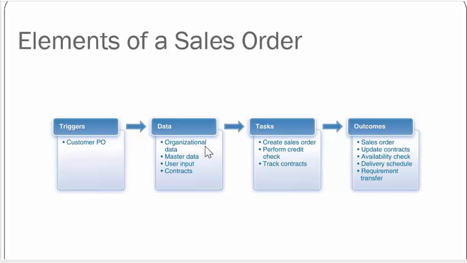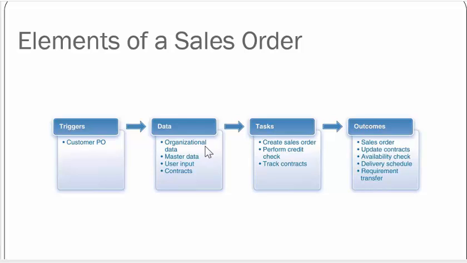The outcome is the creation, of course, of a sales order. You have to update the contract, if you have a contract with the customer, and the contract says that every month, for example, you are to ship a specific quantity. Then when you create the sales order, you have to update the contract currently in process with that particular sales order, decreasing the total quantity listed in the contract.